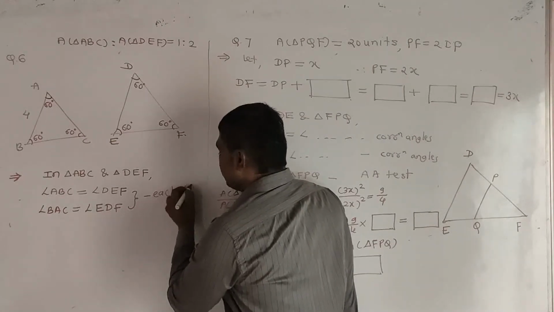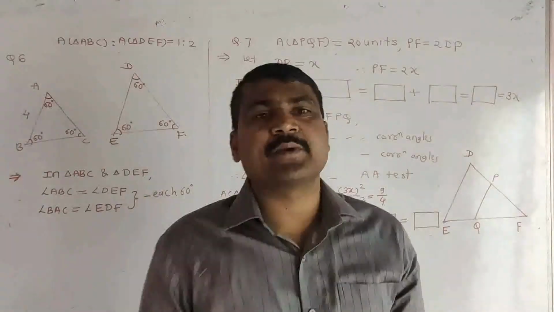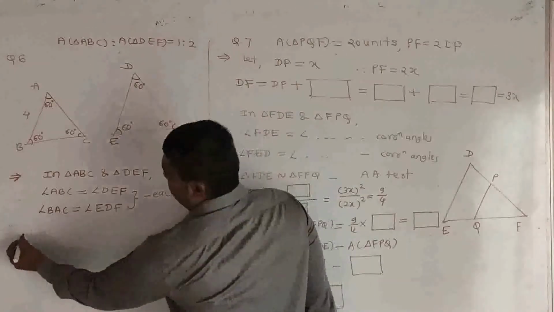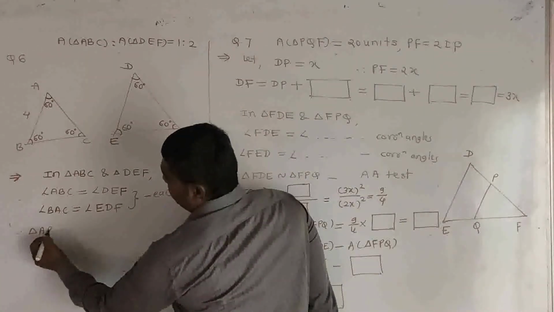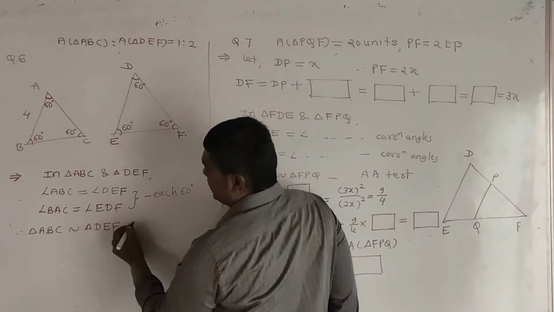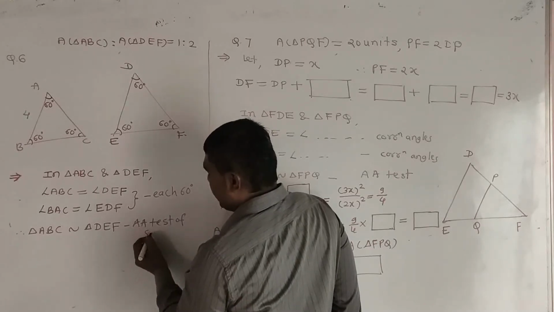Each angle is 60 degrees. This is given. So two pairs are the same. That means by which test? By the AA test of similarity. We can write, therefore triangle ABC is similar to triangle DEF. The reason is the AA test of similarity.